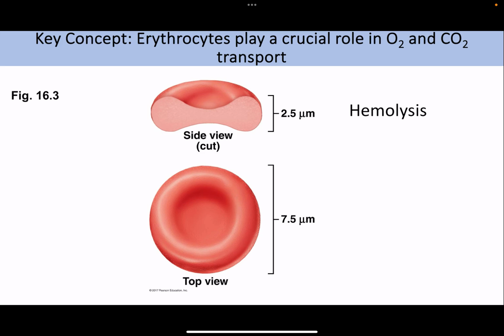Hemolysis. This is the breaking down of red blood cells. We'll undergo hemolysis at the 120 days. But sometimes it can be what you'll learn about today in your next PLA, something called hemolytic anemia, which causes red blood cells to lyse or burst.